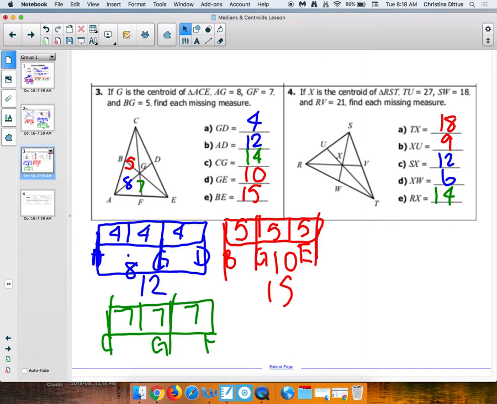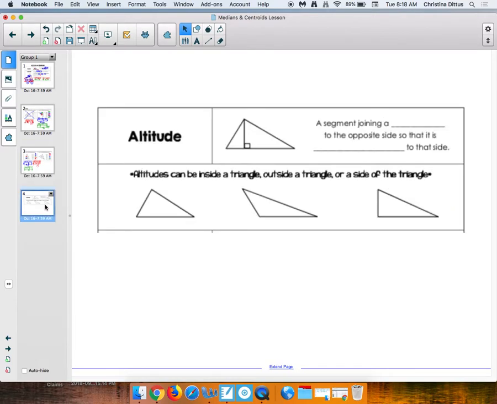Good? Okay. One more thing that's not on your sheet is a thing called an altitude. Medians, I'm just going to draw quick. Remember we went from vertex to midpoint, that's a median. And altitude is a vertex to a right angle, basically. So vertex, and it's perpendicular. So anytime you see something that goes from a vertex with a box, that's what we call an altitude.